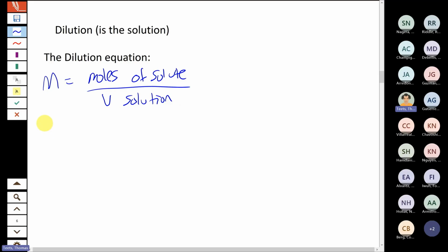If you just cross multiply and rearrange this equation, molarity times the volume is equal to the moles of solute. And as we just said, during a dilution process, you don't change the number of moles of solute. You have the same amount of solute, just dissolved in a different volume at the end. So what that means is that this moles of solute is constant.